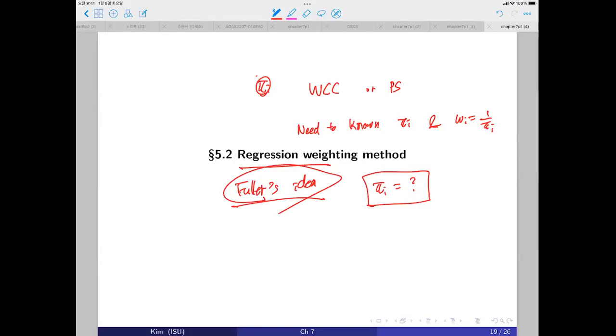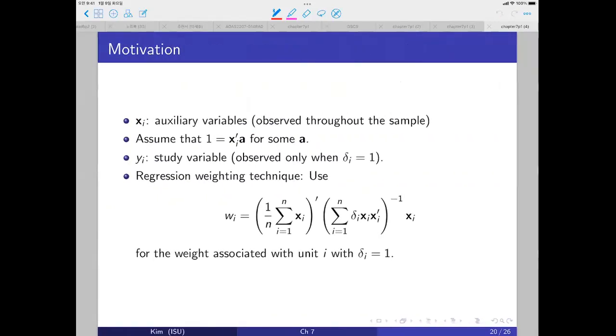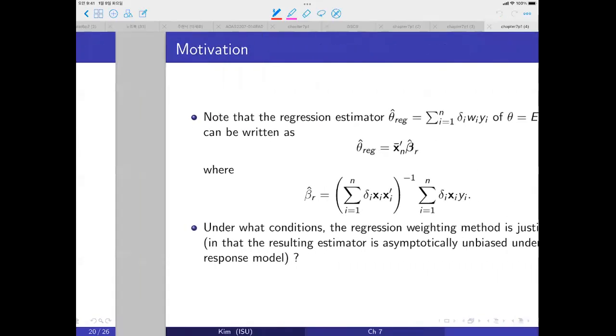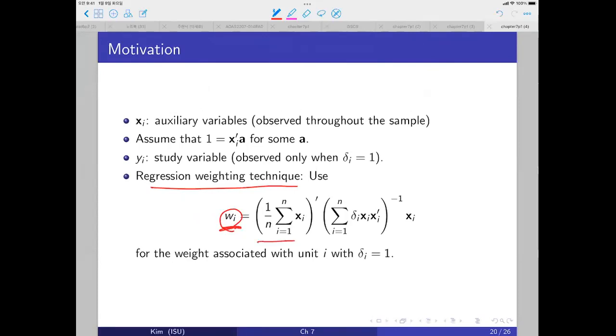So this is kind of an indirect way of propensity weighting. His idea is to use this regression weight and see under what conditions it is unbiased.